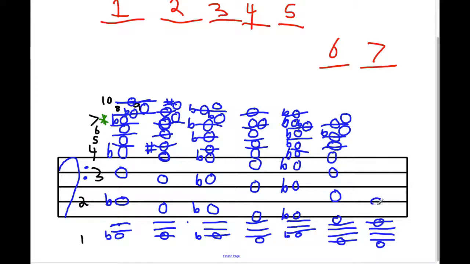Have to do the fifth, so B natural. Fourth up is E, and the major third is E to G sharp, and then B natural is the minor third.